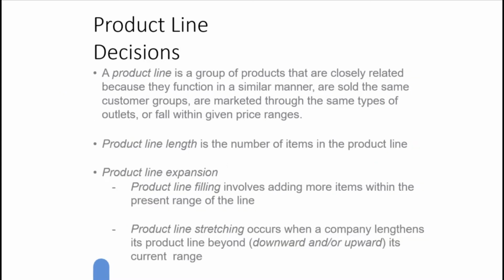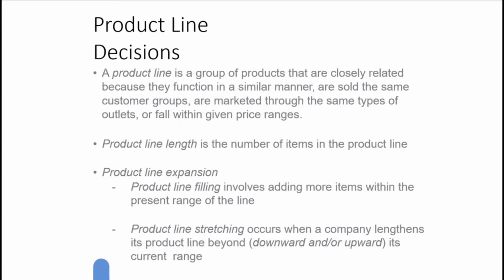A company can expand its product line in two ways: by line filling or line stretching. Product line filling involves adding more items within the present range of the line. Product line stretching occurs when a company lengthens its product line beyond, downward, or upward its current range.